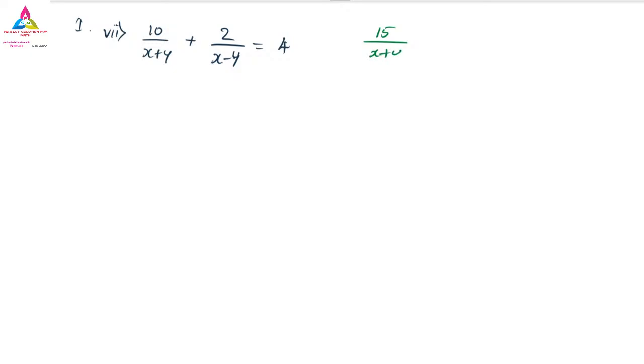The seventh question is 10 by x plus y plus 2 by x minus y is equal to 4. And the second equation is 15 by x plus y minus 5 by x minus y is equal to minus 2.